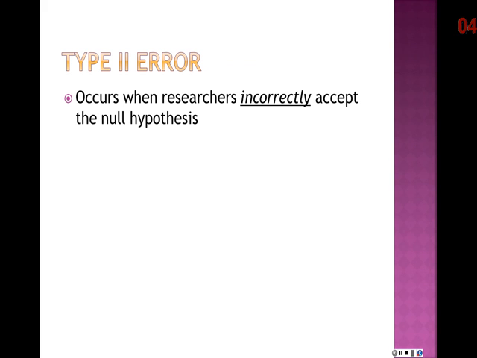Type 2 errors, on the other hand, occur when researchers incorrectly accept the null hypothesis. So they accept the null hypothesis when the null hypothesis is false. Or, if you flip it around, they reject the research hypothesis when the research hypothesis is true.